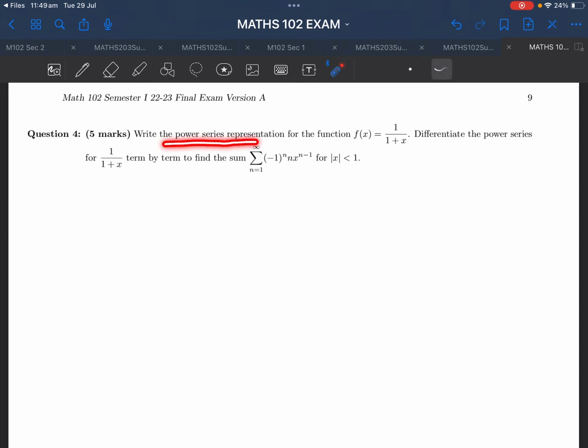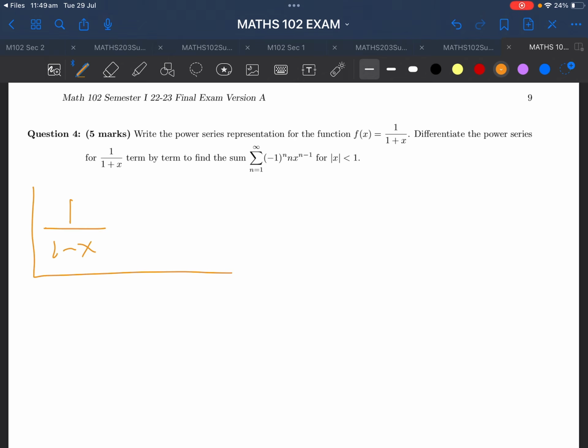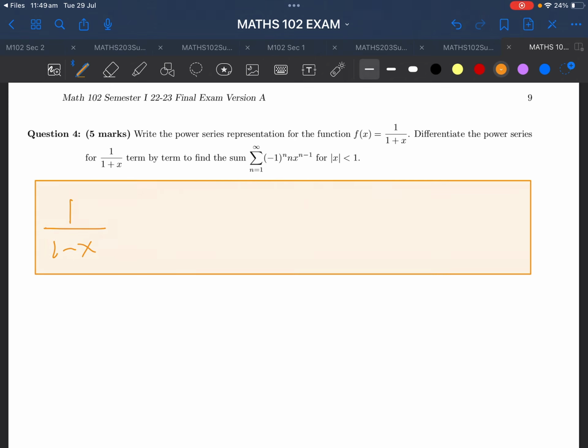Question number 4, write the power series representation for this function. Well, before I do that, I need to remind myself of one of the Maclaurin series for the famous function, and that was 1 over 1 minus x. If we write it in sigma notation, it will be the sum of x to the n.